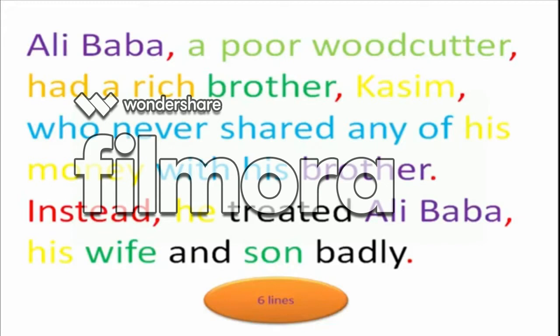Let us start. Ali Baba, a poor wood cutter, comma, فاصلة, had rich brother, comma, فاصلة, Qasim, comma, Qasim, who never shared any of his money with his brother.